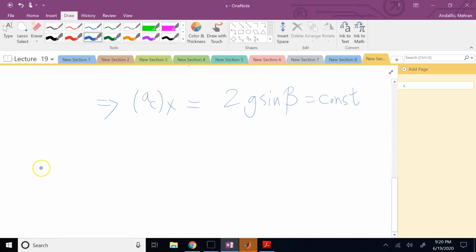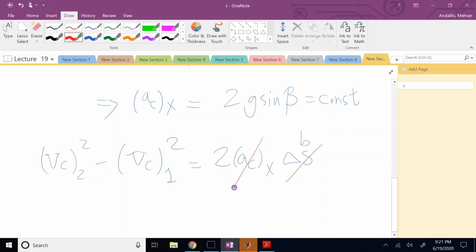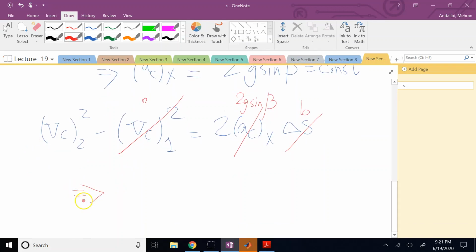You are right. Can I use the time-independent equation, which says v of c2 squared minus v of c1 squared is equal to 2 a_c in the x direction times delta s, where this delta s is b, this guy is 2g sine beta, this guy is 0, and if you calculate, you will get something, I guess, similar.